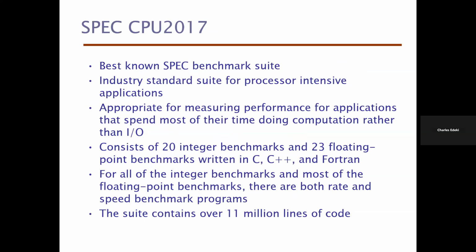We say that's the best known SPEC benchmark suite. Also, most important, it consists of 20 integer benchmarks and 23 floating point benchmarks, written in C, C++, and also Fortran. So we have so many application benchmarks, even the operating system kernel benchmark, and synthetic benchmarks also.